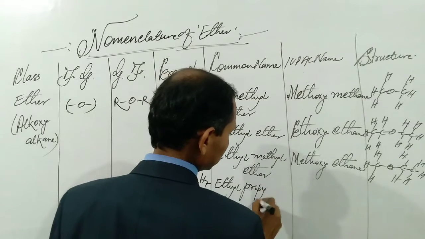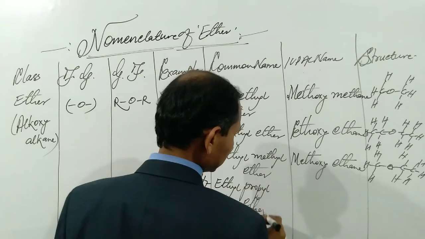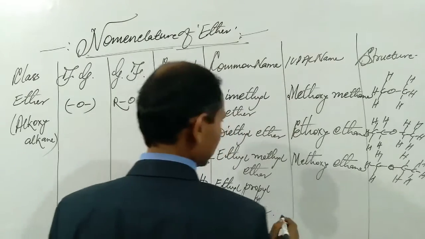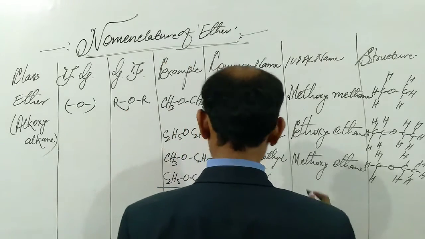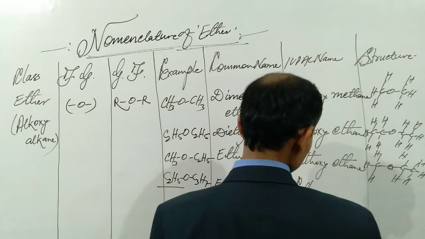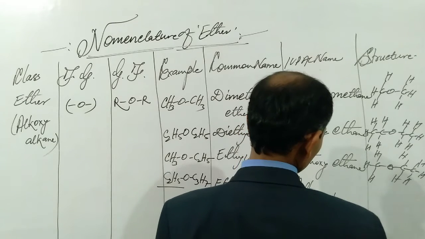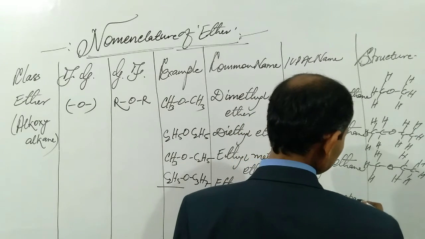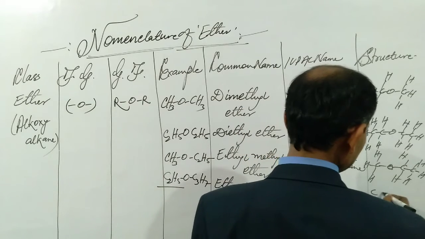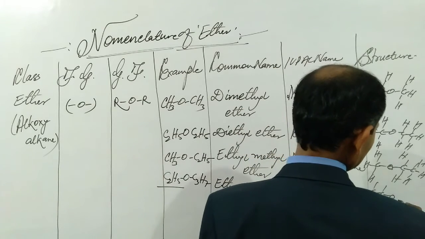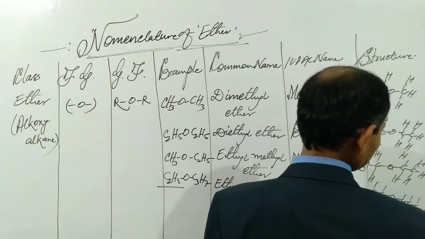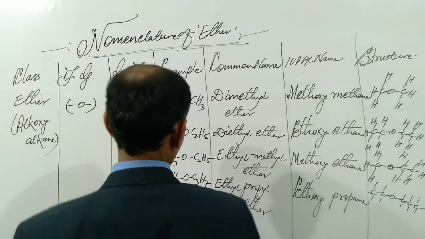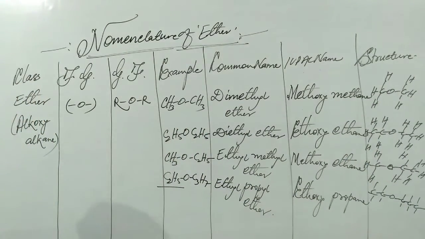The IUPAC name will be ethoxypropane. Ethoxypropane, and the structure will be like that. In this way, we can write more and more compounds of ether.